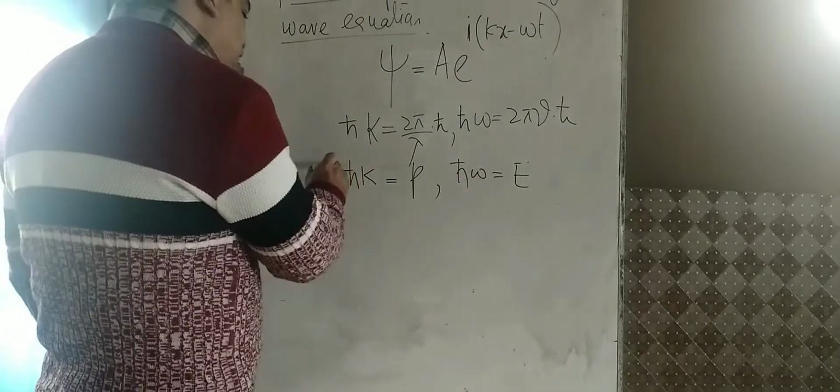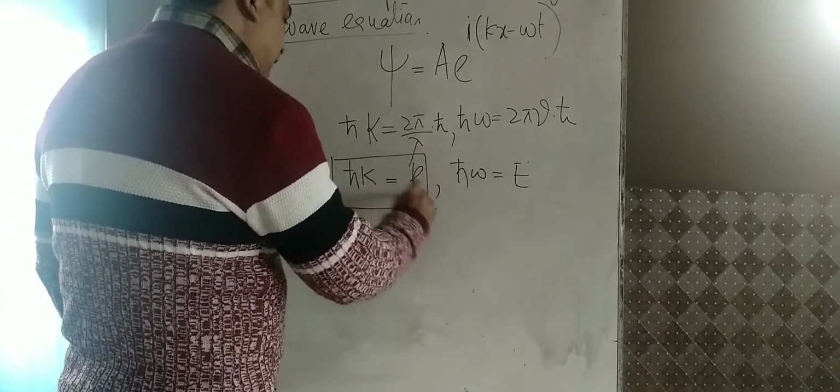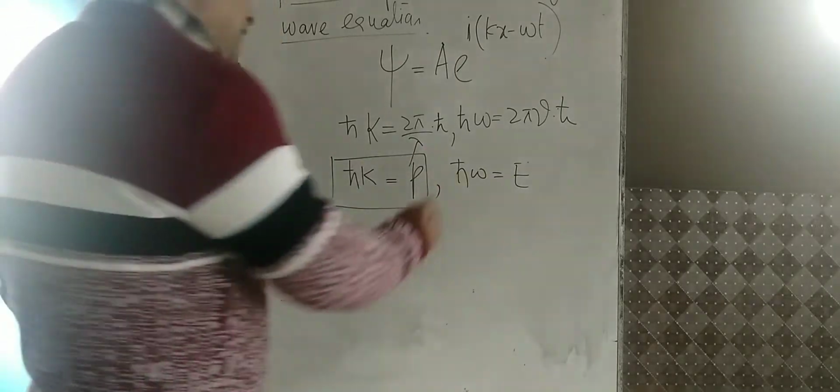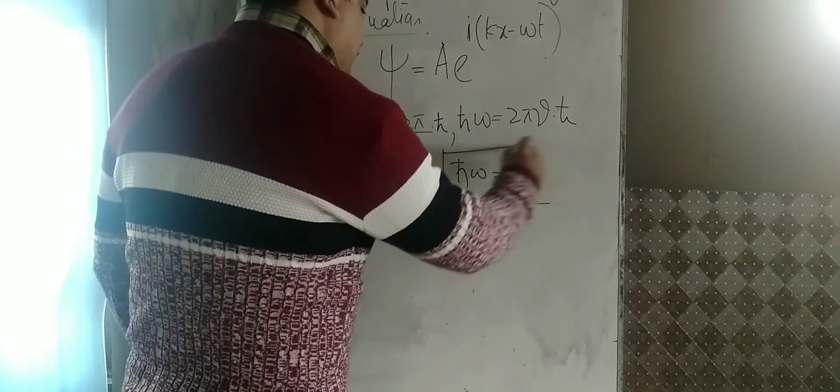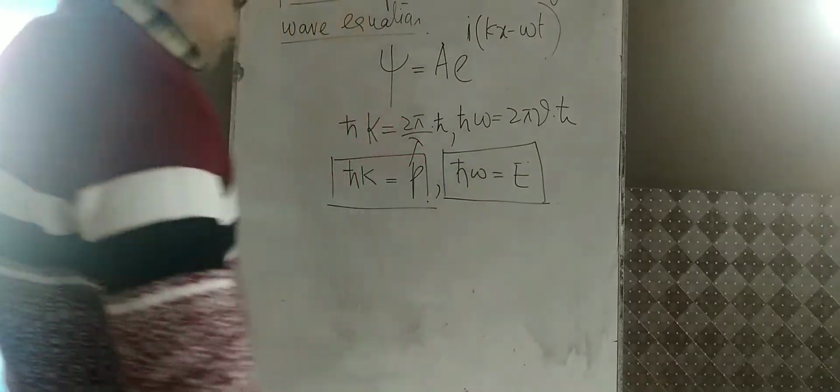So these values we have to keep in mind: h bar k is P and h bar omega is E.